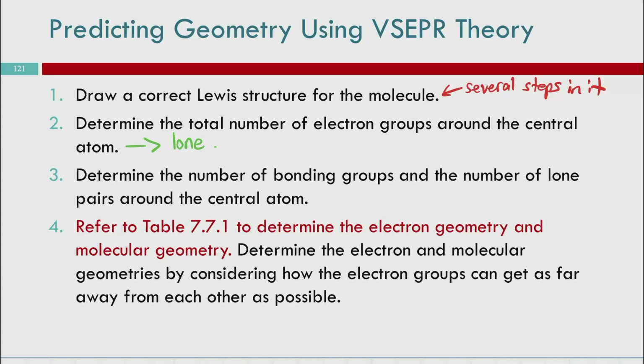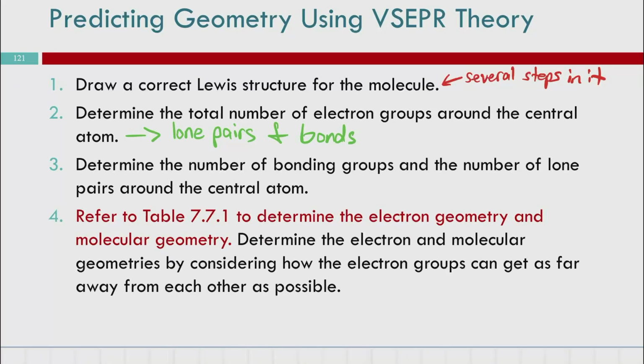That's lone pairs and bonds. It's a number from 1 to 4. We'll also determine the number of bonding groups and the number of lone pairs.